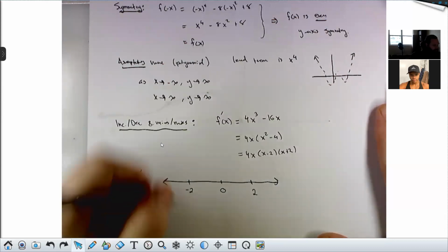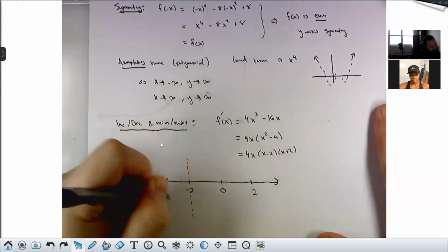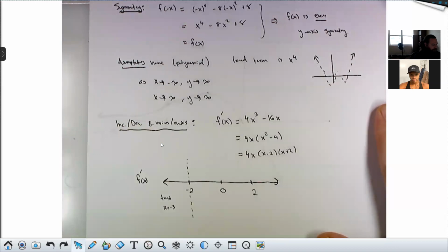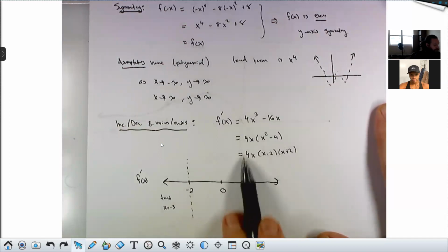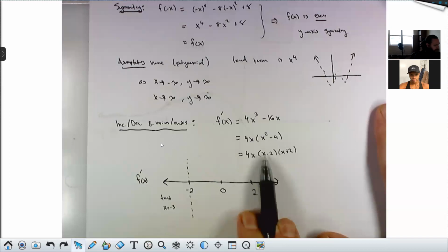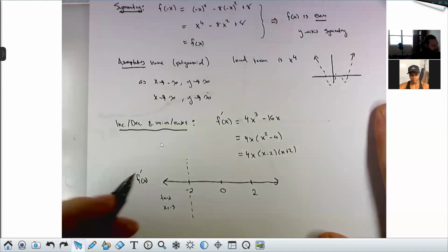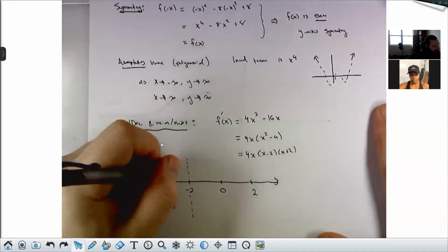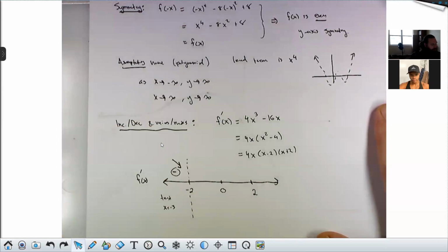If I test over here something to the left of -2, like -3, I would have negative times negative times negative, right? All three of these terms would be negative. This would be -12, this would be -5, and this would be -1. So 3 negatives multiplied together, that's negative, which means my function is decreasing here.